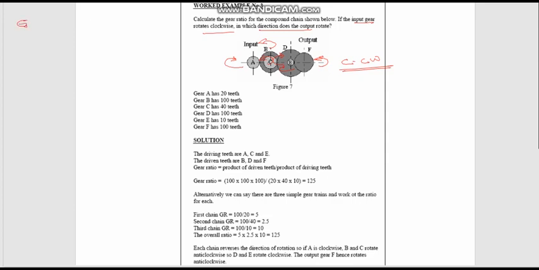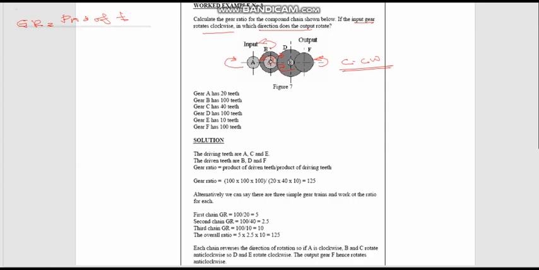The other question is with regards to the gear ratio. From the derivation that we did earlier, the gear ratio is basically the product of T for the driven gears over the product of the driver gears in the series.